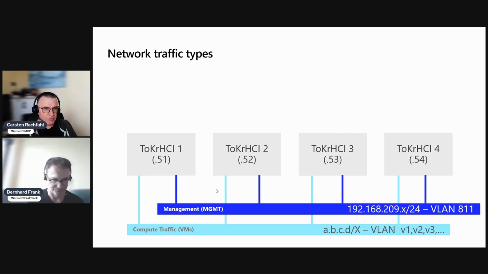So then we have our compute network, our compute traffic. You mentioned it. These are the two 25 gigabit network adapters with the SET switch for the VMs. And there we could have different networks. So we use VLAN tagging here to design it a bit harder.